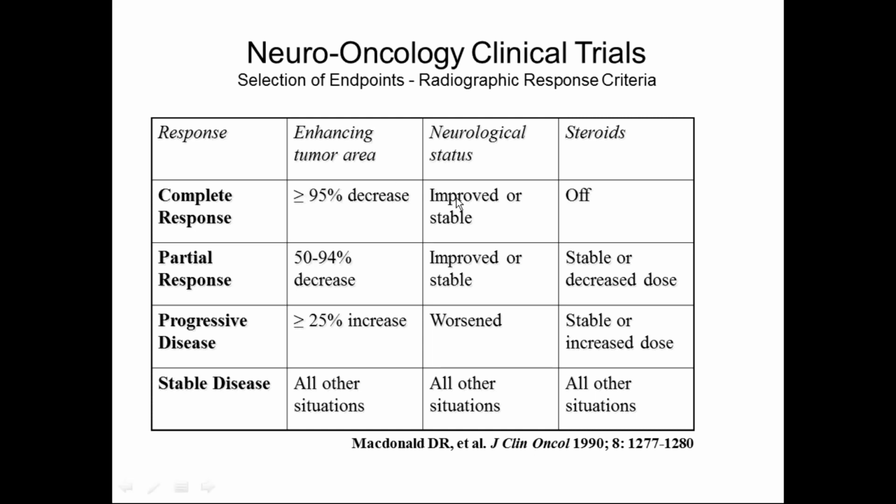Neurologically, they're getting better. That kind of makes sense. If your tumor burden is getting smaller, then you ought to be getting better clinically, and you would not be requiring steroids. And that contrasts to progressive disease, where the tumor is increasing in size, they're getting worse neurologically, and their steroid dose isn't going down, which would be our preference, but it's either stable or going up.